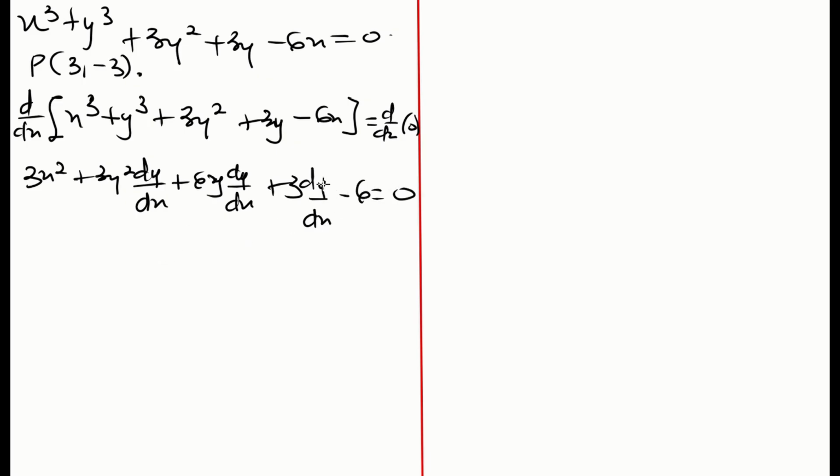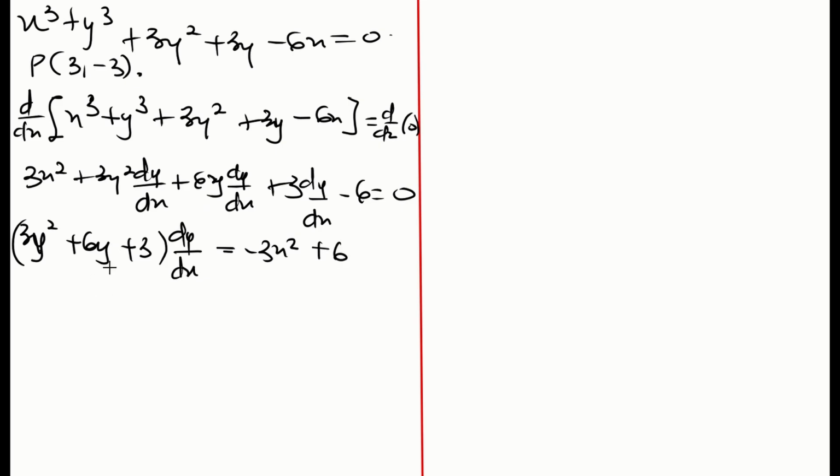We now proceed by gathering the terms that contain dy/dx, where we are going to have 3y squared plus 6y plus 3, all in bracket multiplying dy/dx, which is equal to, we send the other terms to the right hand side, 3x squared becomes minus 3x squared plus 6.